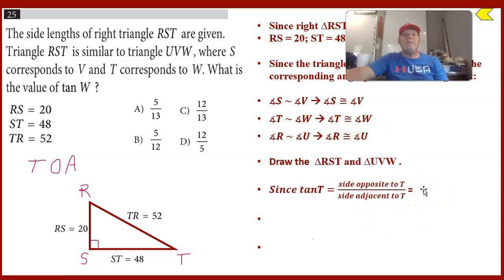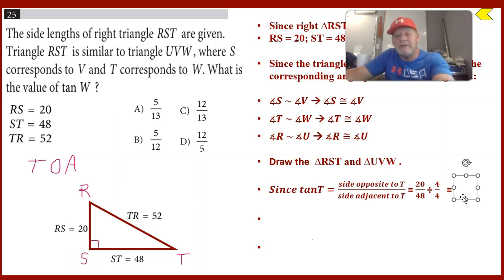So I can find the tangent of T by the side opposite of T, which is 20, over the adjacent, which is 48. I can reduce that by dividing both the numerator and denominator by 4. And if you divide by 4 over 4, you're dividing by 1. So you get the same thing, which is 5/12.